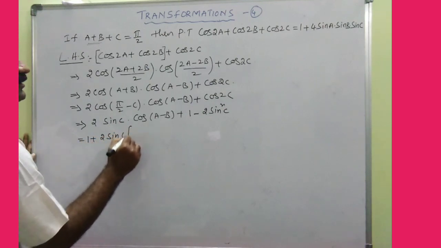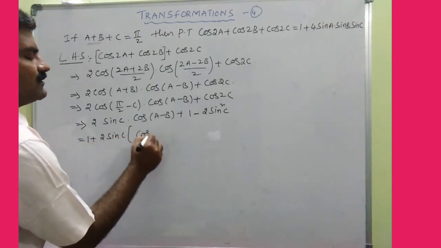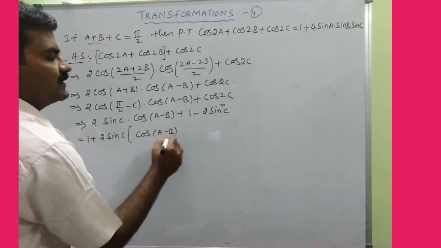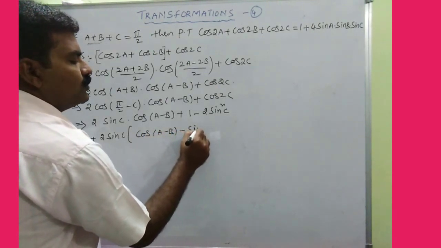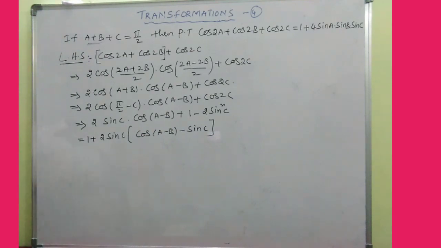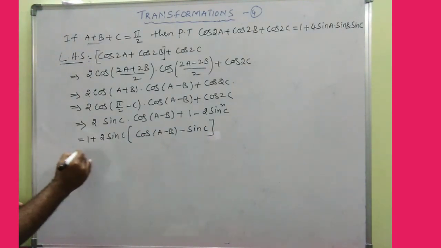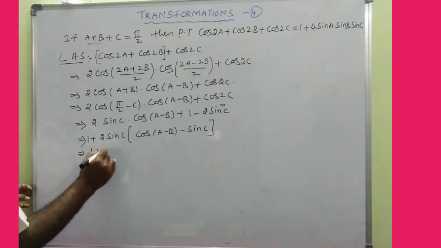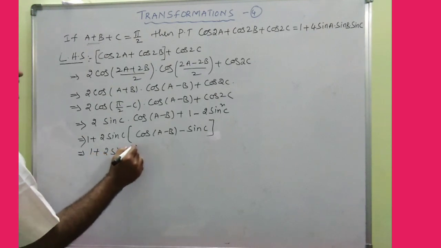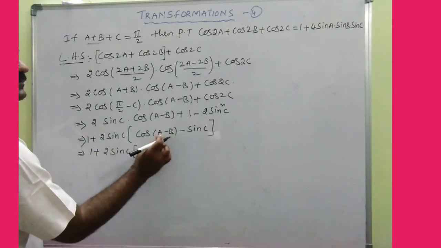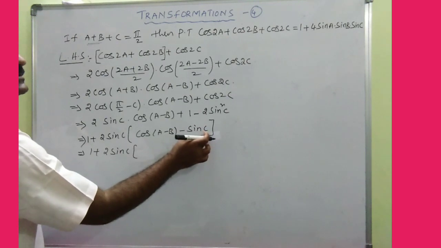2 sine c common. Then this is cos of a minus b, and we have moreover minus sine c, isn't it? So 1 plus 2 sine c into, see here, one is in terms of a and b, another one is in terms of c.